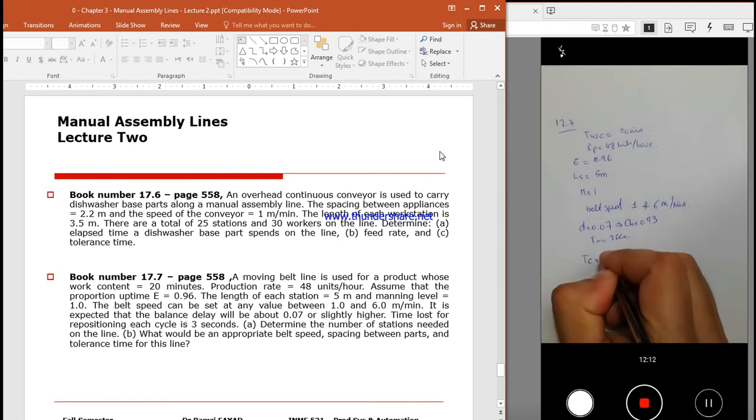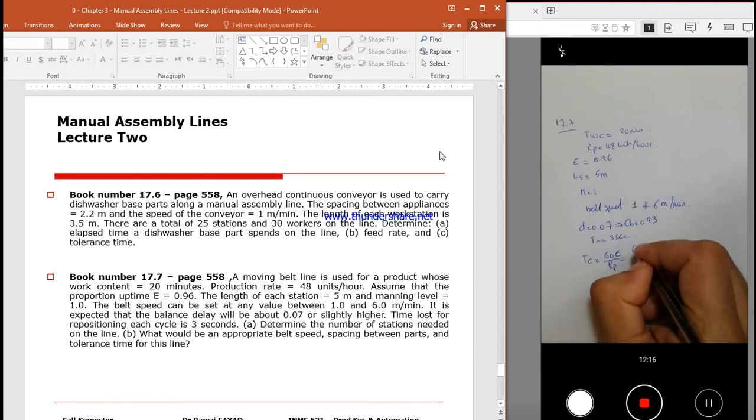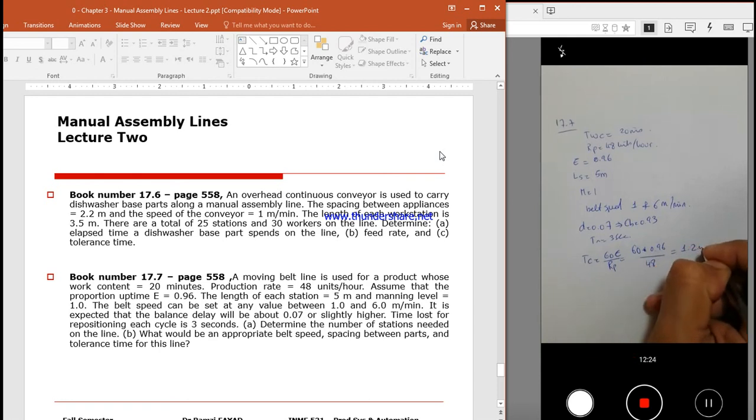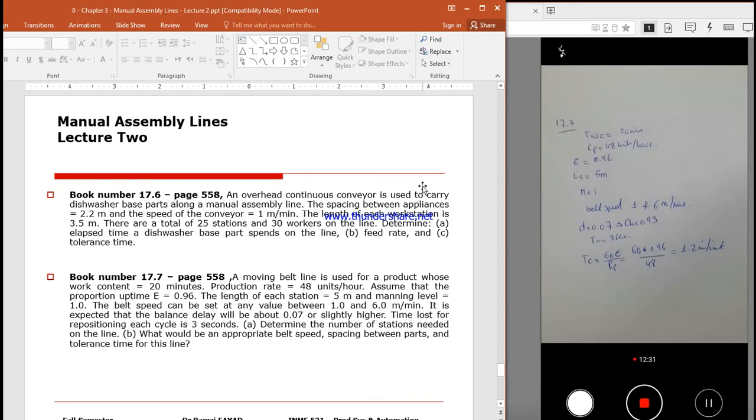TC equals 60E over RP, which is 60 times 0.96 divided by 48 units, equals 1.2 minutes per unit. This is the TC value.